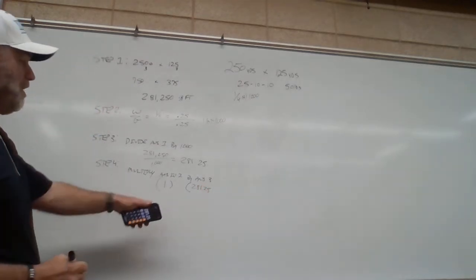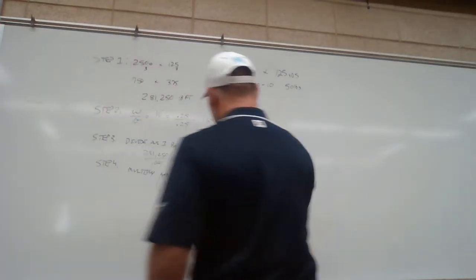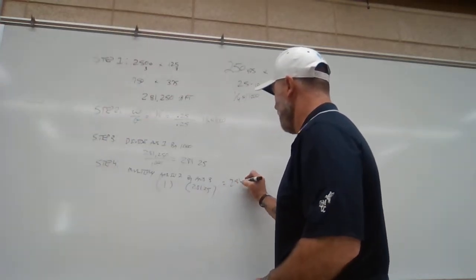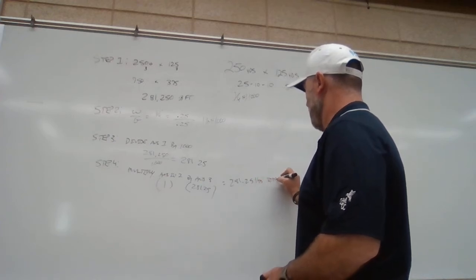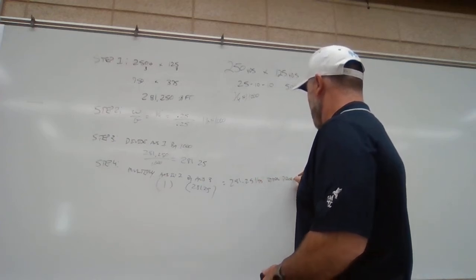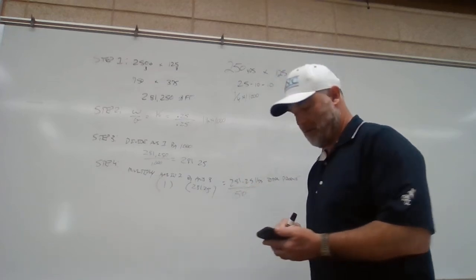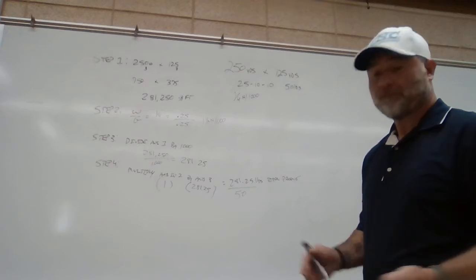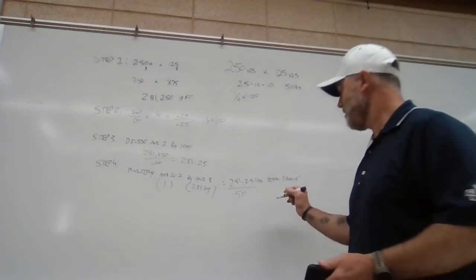So math is super simple here. So it worked out 281.25 pounds total product, divide by 50, gives me around roughly 6 bags, 5.6, so 6 bags.